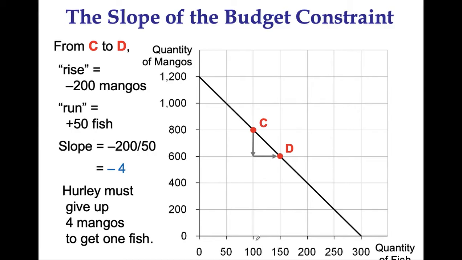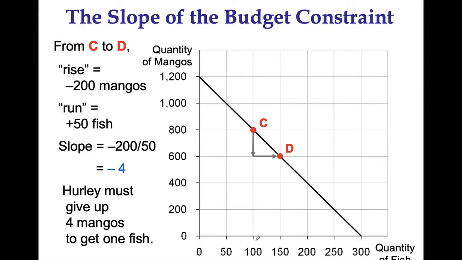So Harley must give up 4 kilos of mangoes to get 1 kilo of fish. So the slope of the constraint actually represents how much a consumer should give up of the good, the mangoes here, to get 1 additional unit of fish. So the slope is minus 4.